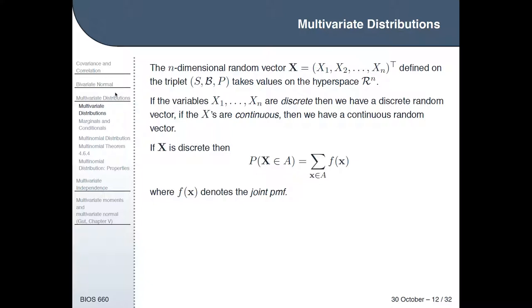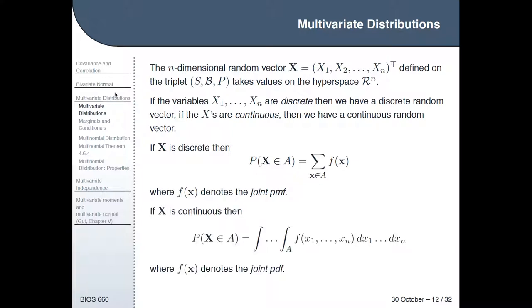If you want to find like the probability that x is less than or equal to 3 and y is less than or equal to 4 and z is less than or equal to 5, well, you just sum over all possible x's where x is less than or equal to 3, all y's where y is less than or equal to 4, all z's where z is less than or equal to 5, and just plug it into your PMF and add them all up.